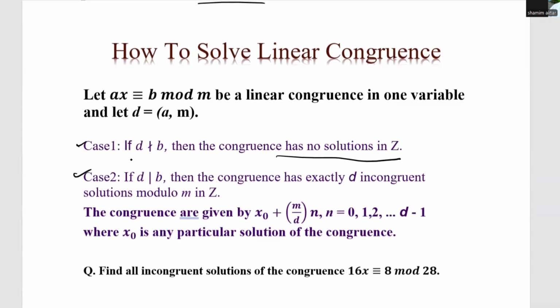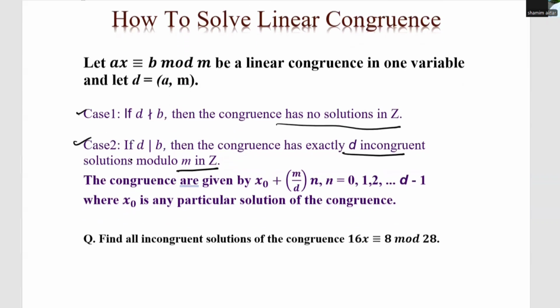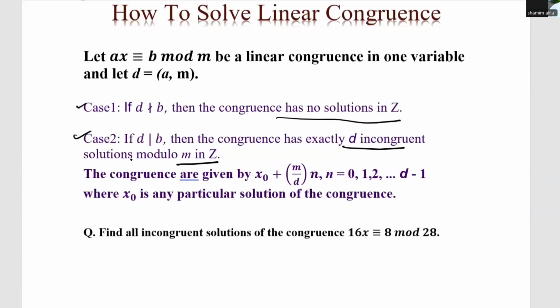Case 2 says that if d divides b, then the congruence has exactly d incongruent solutions modulo m in the integers. The solutions are given by x0 + (m/d)n, where n goes from 0 to d minus 1, and where x0 is any particular solution of the given congruence.